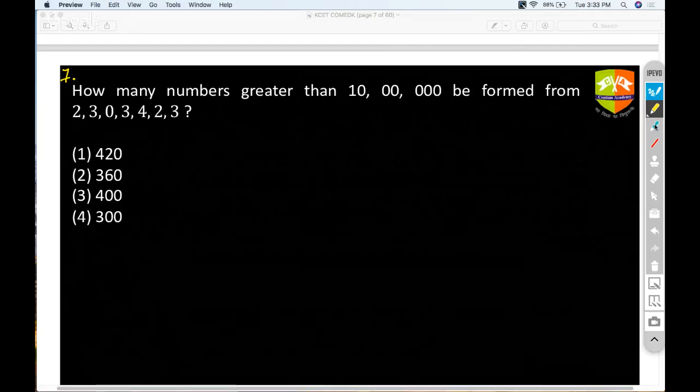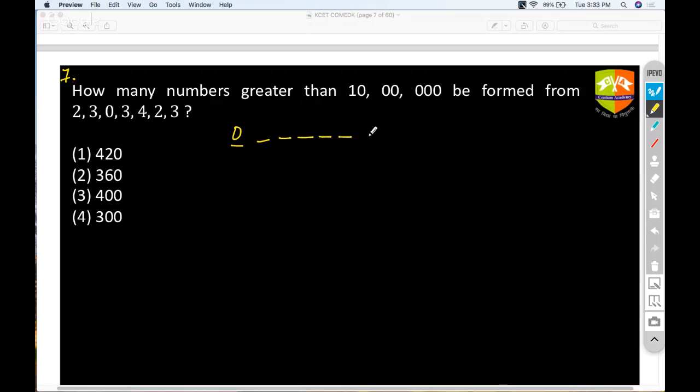All right. So it's very obvious that if this is going to form numbers, you have to use all the 7 digits, right? And the only possibility you can end up with a number being less than 1 million, if you are using all the 7 digits, is when your number begins with 0. Correct? So if a number begins with 0, then that number would be lesser than 1 million.